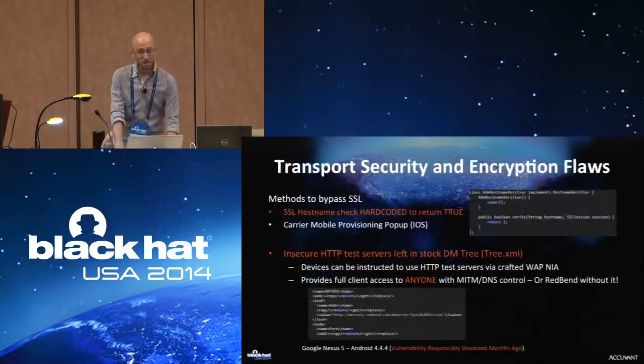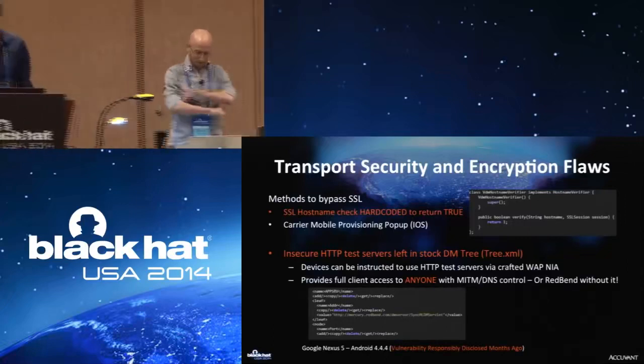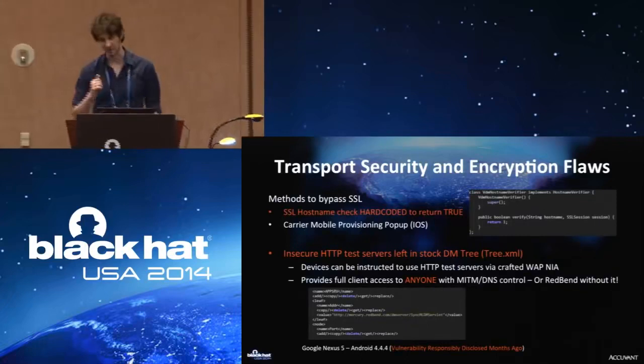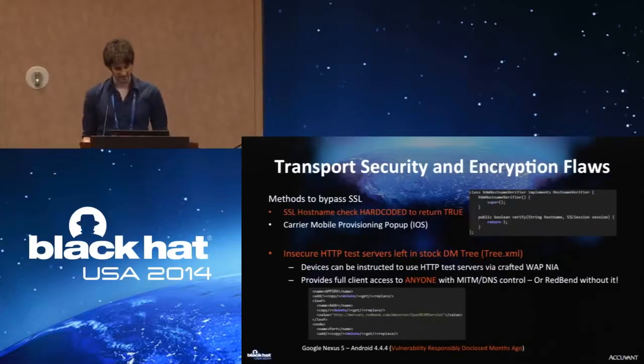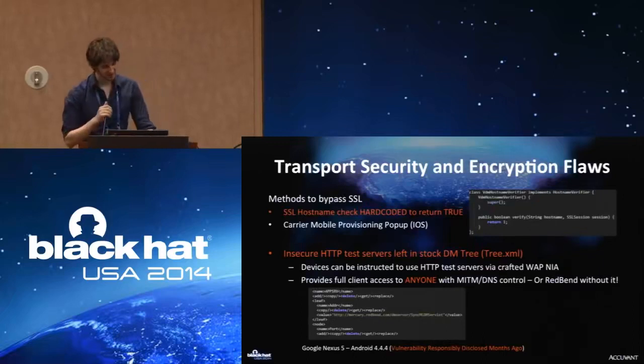Now, we found some really interesting vulnerabilities in transport and encryption. Why don't you go into that, Mark? Yeah, so when the device uses transport layer security, which is most phones, the SSL certificate verification is very weak.